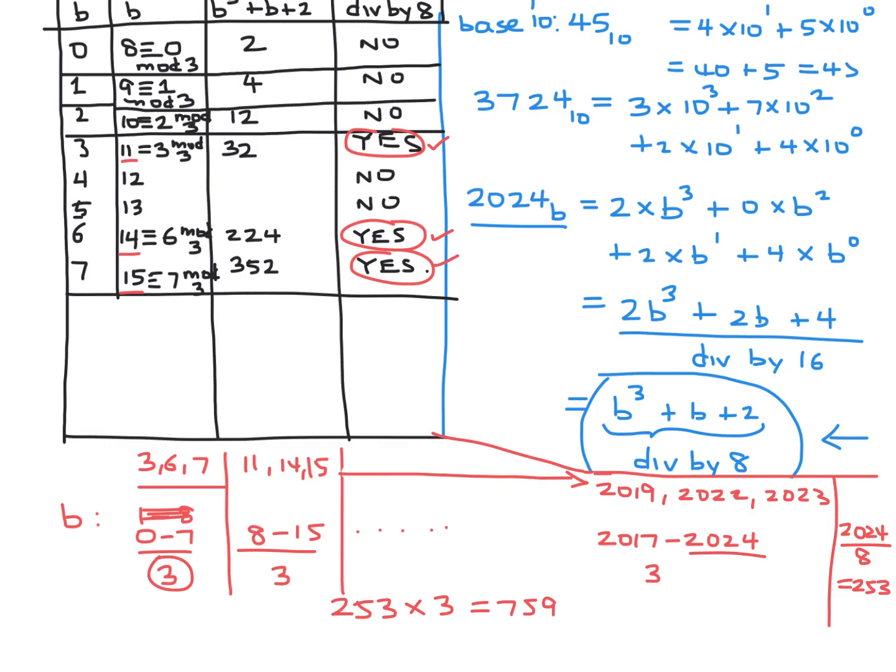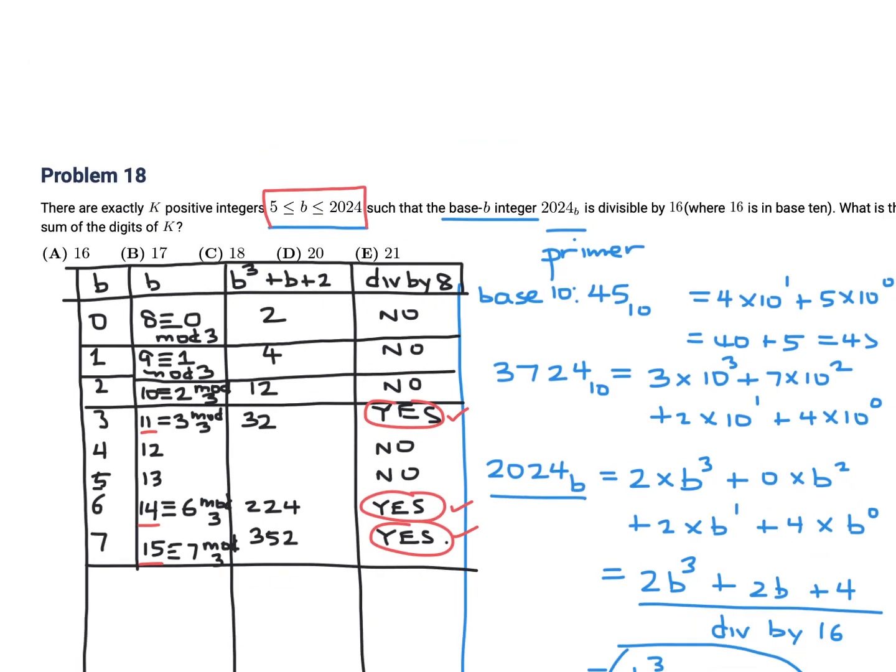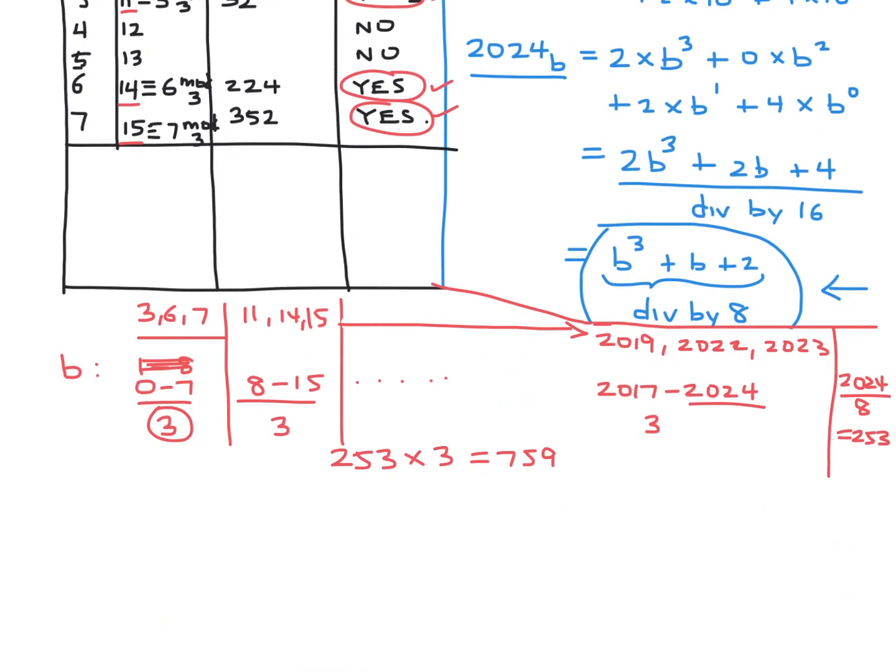But here's the thing, this is a tricky question: b is between 5 and 2024. So it's not between 0 and 2024. So some of these guys, well, not too many, just this guy is disqualified. So from this 759, we have to take away that guy. We have to take away 1.